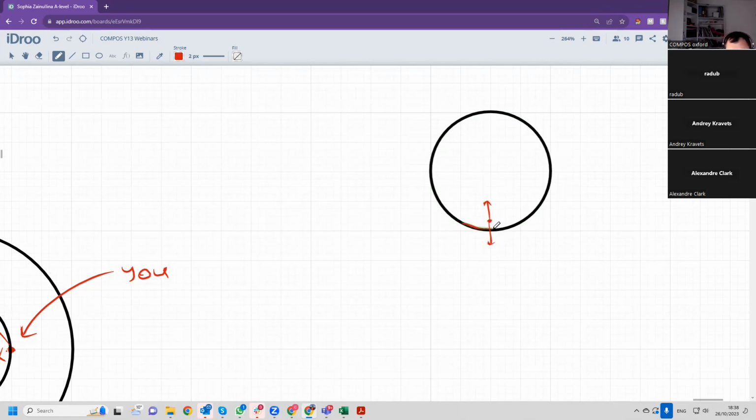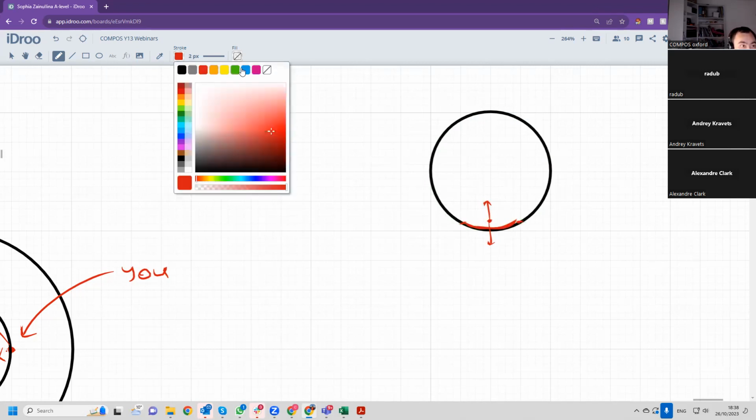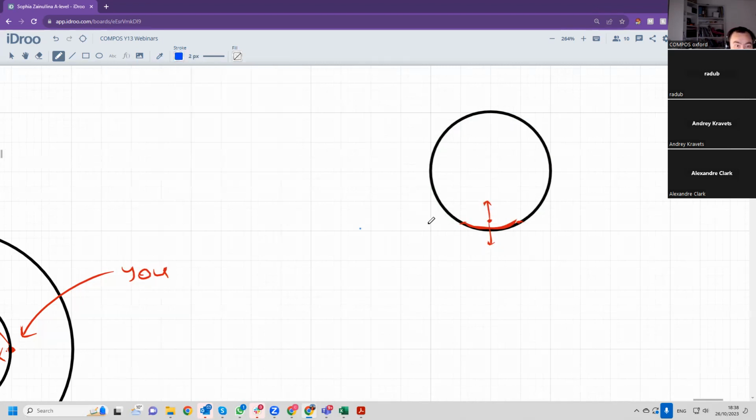This part pulls you down, and the rest of the sphere is pulling you up. So this is you. The blue part of the shell is pulling you up, and the red part of the shell is pulling you down.